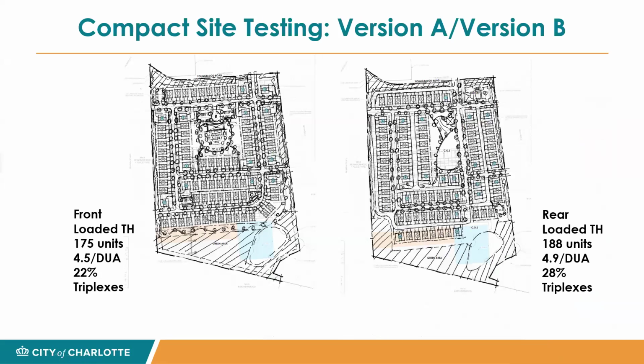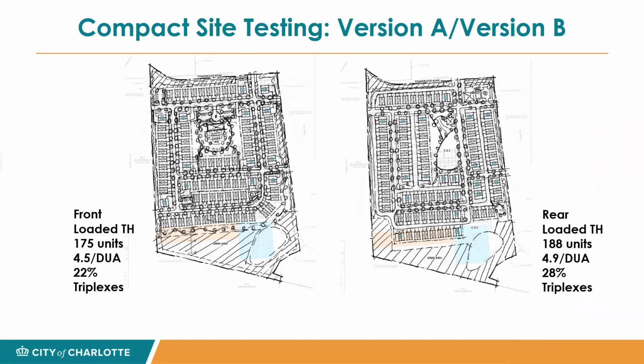So you can see here, for people who don't read site plans, this is going to look really confusing and I'll dive into it. But you can see here that those unit counts and unit numbers aren't too different from front loaded versus rear loaded. Also, we pulled the 25% number of triplexes from testing all of our site plans and testing out the idea of triplexes on corners.